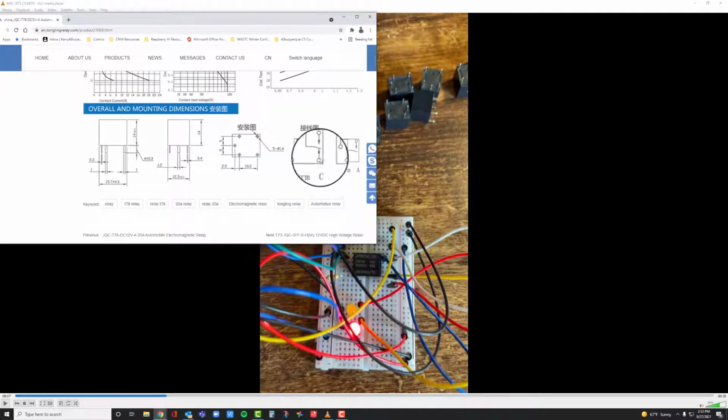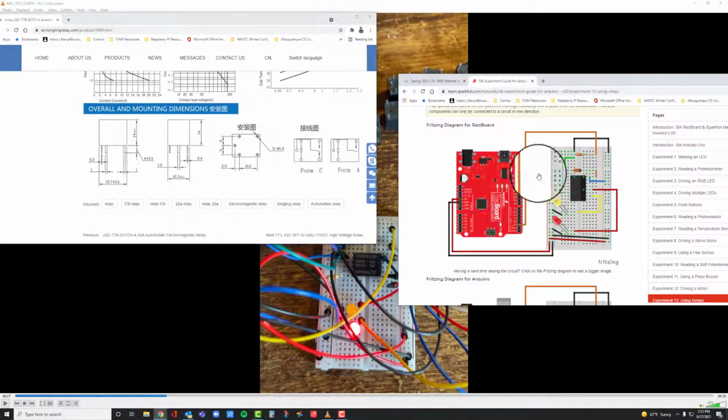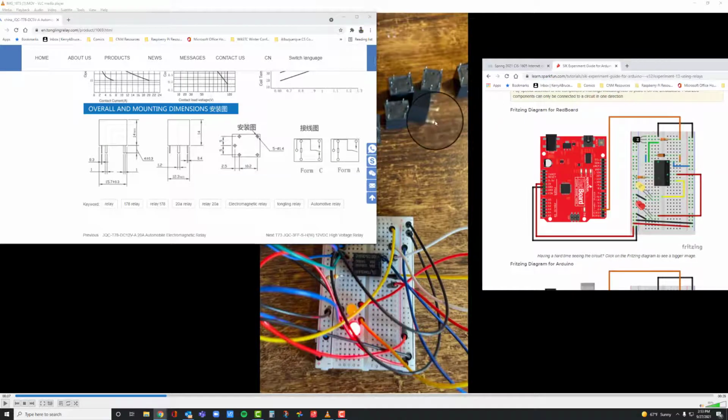Using this diagram, I can look at this relay and say these two are my switches. So these two match the SparkFun. Let me find the SparkFun piece. These two pins match the SparkFun, these two pins.